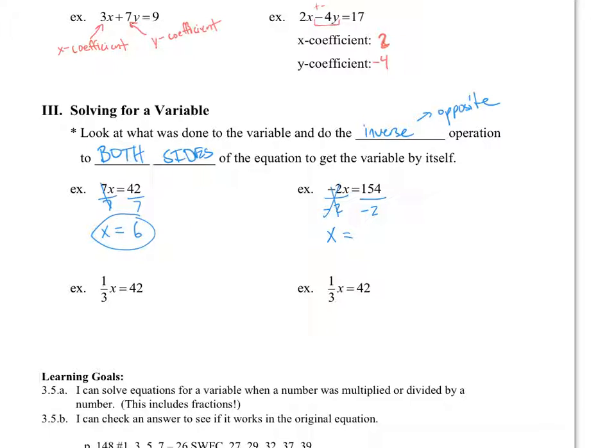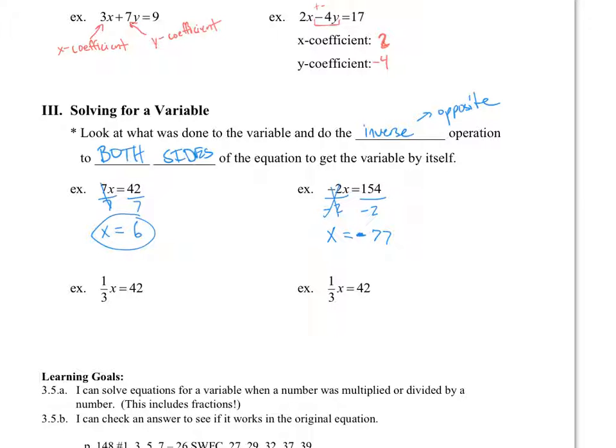What do we know when we divide by a negative? Our answer is going to be positive or negative? Negative. So then we just do 154 divided by 2. 77. So 75 times 2 is 150, so you got to get 2 more or 4 more there.